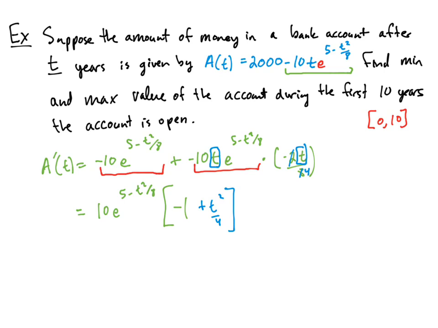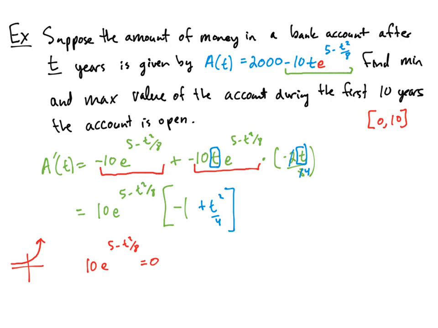So what we want to do is set each of these factors equal to 0 and solve for t. So 10e to the 5 minus t squared over 8 is equal to 0. When will this be equal to 0? Well, this will never be equal to 0. This is an exponential function. If you think about the graph, the exponential function looks something like that.